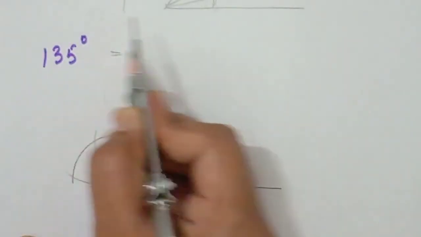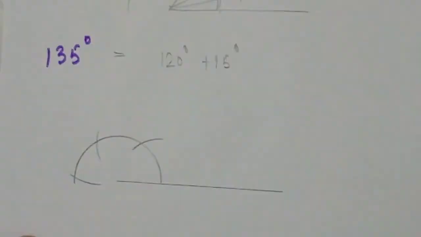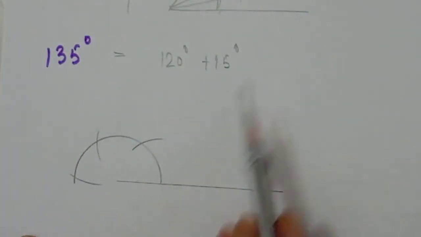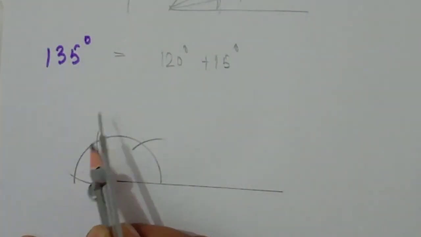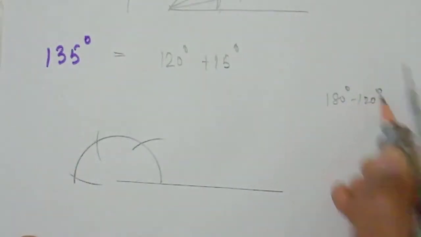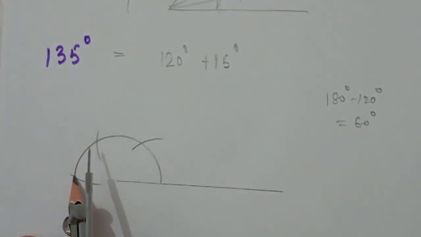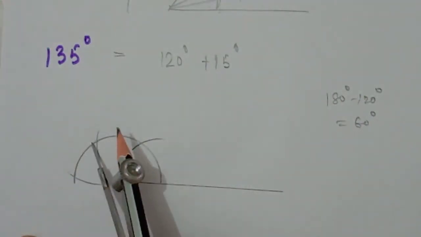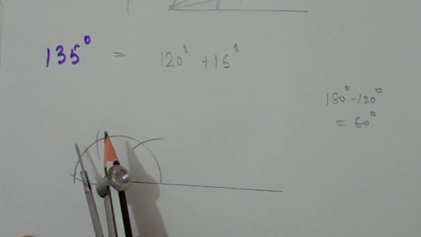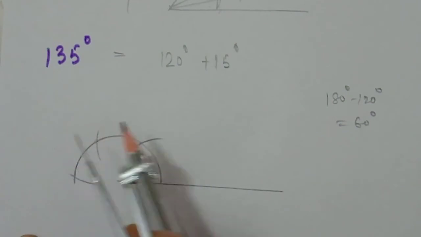Can we say that it is 120-degree plus 15-degree? Correct. It means after 120 we need a 15-degree angle. The complete angle from 120 to 180 is 180 minus 120, which is 60-degree. If we bisect this angle, we get 30-degree, and if we bisect that part again, we get 15-degree.